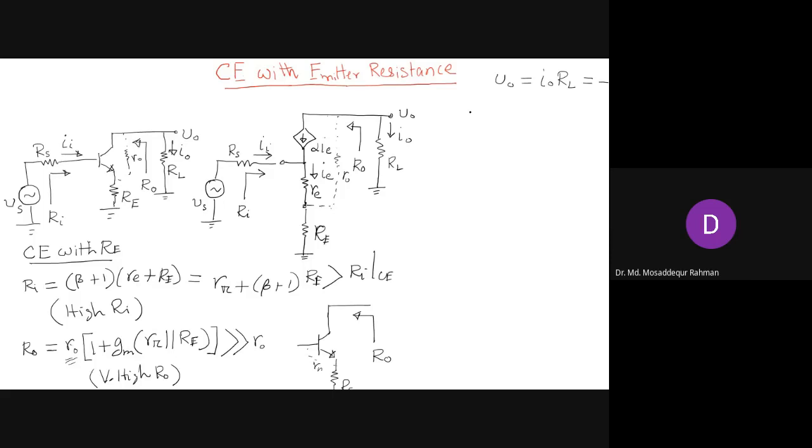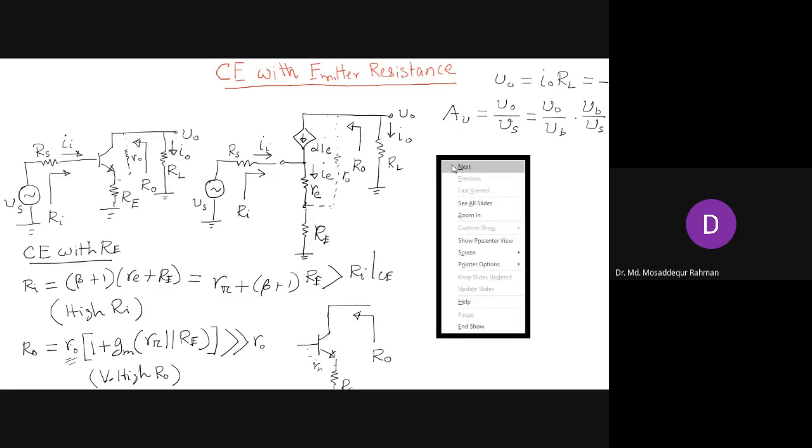Now, first we write the gain expression. The overall voltage gain is V naught by Vs, and this we can divide into two gain factors. One is V naught by VB, the other is VB by Vs. As we have done in previous amplifier circuits, the same thing we're doing here.